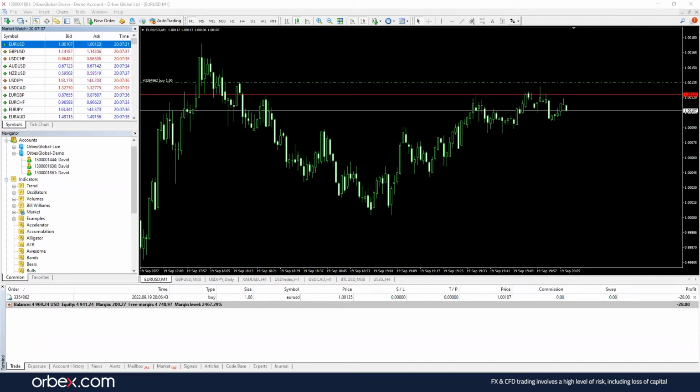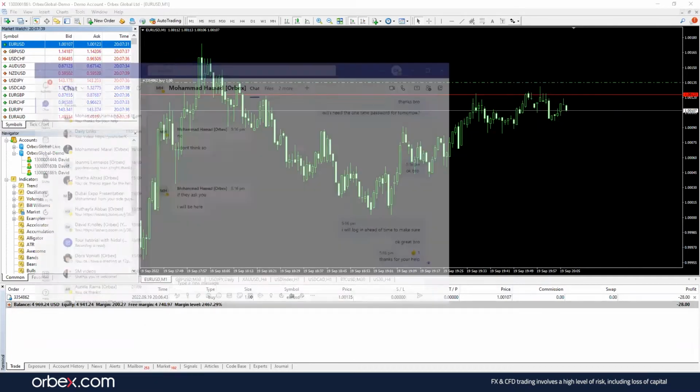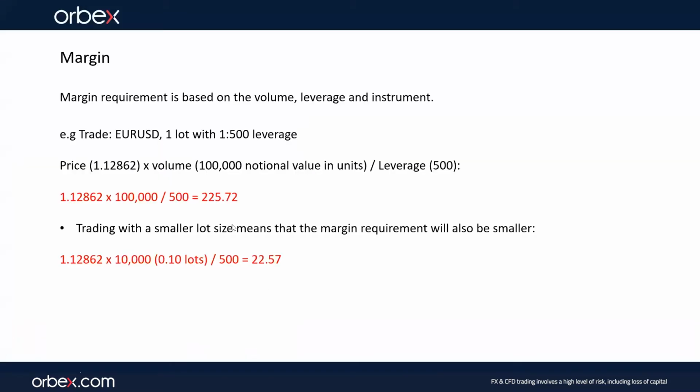As I said, any questions you have as we go forward, please let me know. So, as I said in this example, trading with smaller lot sizes means that the margin requirement will also be smaller. So this is just basically making sure that you as a trader are not opening more volume or notional value than you need to in your trade.